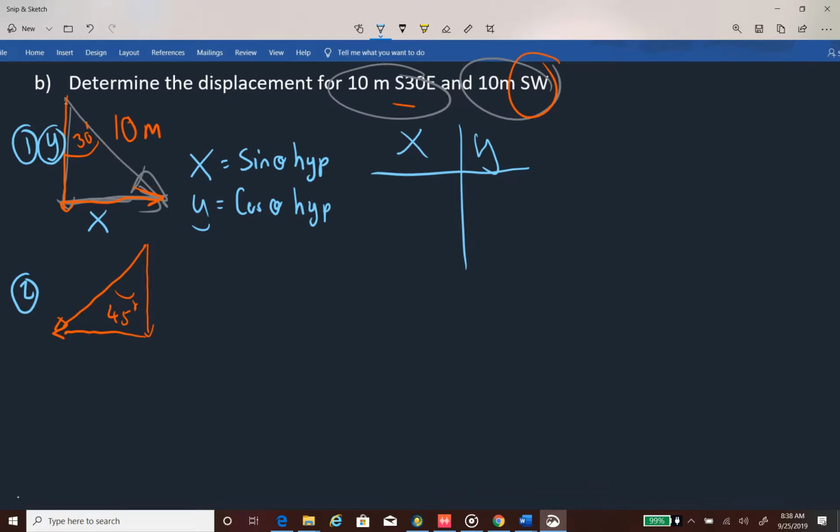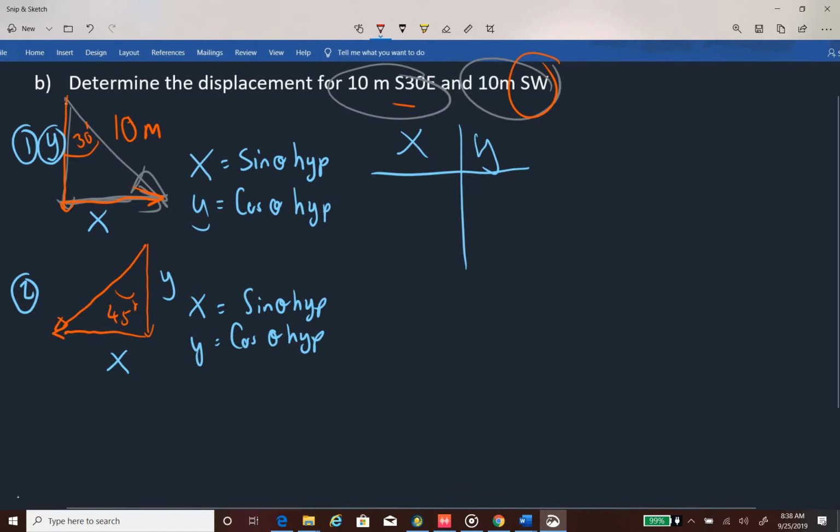For vector 2, it's actually the same formula, because the x is the opposite side and the y is the adjacent side. So x is sine theta times my hypotenuse, and y is cosine theta times my hypotenuse.